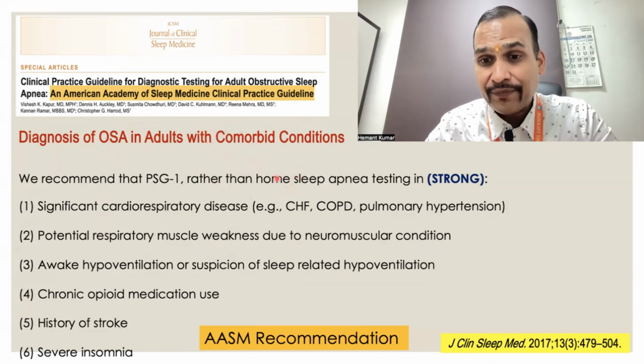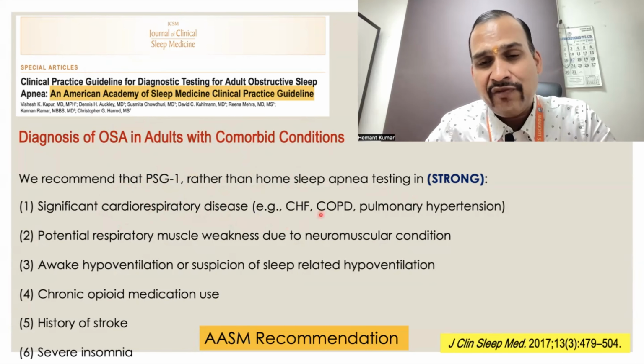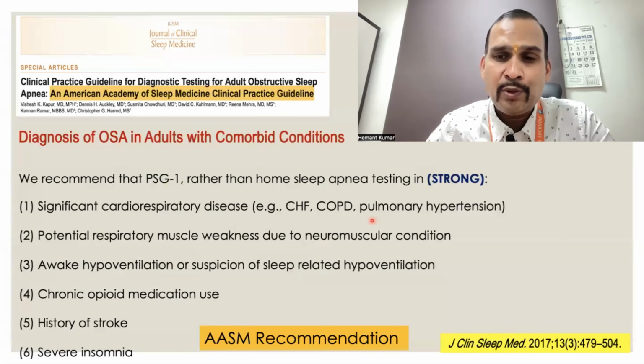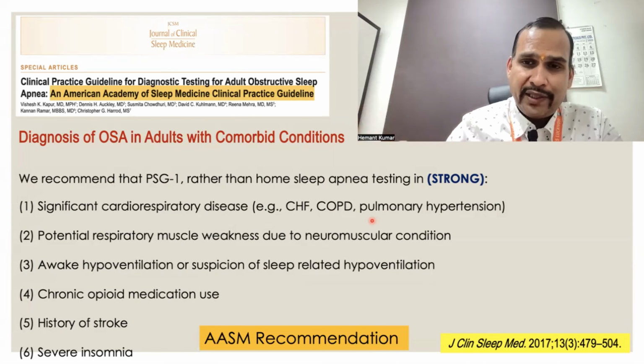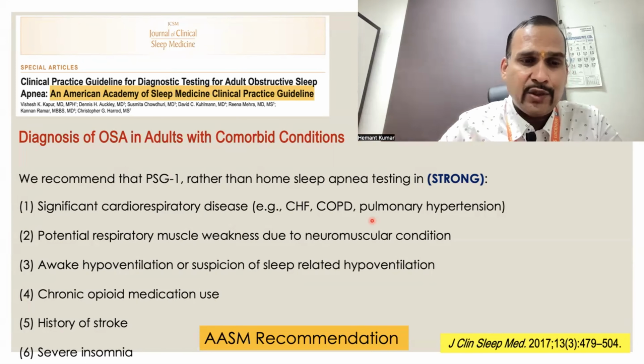What this guideline says is we recommend polysomnography type 1, rather than home sleep apnea testing, in patients who have cardiorespiratory disease like congestive heart failure, COPD, or pulmonary hypertension. Means if the patient is having comorbidity, then we have to do a type 1 study only.